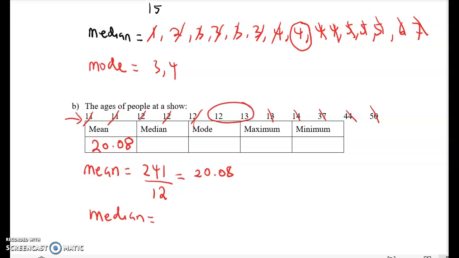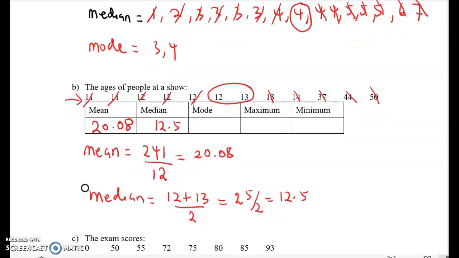The middle number is going to be the average of the two middle numbers, which is 25/2, and that gives you 12.5. So anytime you have an even data set, 12 is an even number, your median will always be the average of the two middle numbers.